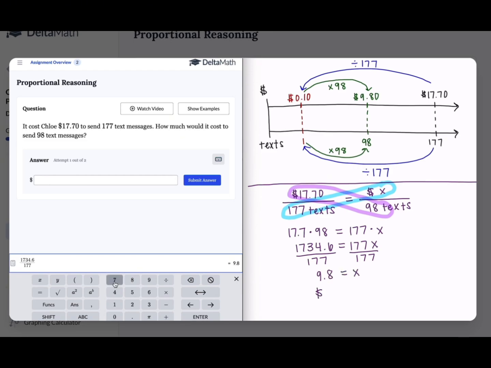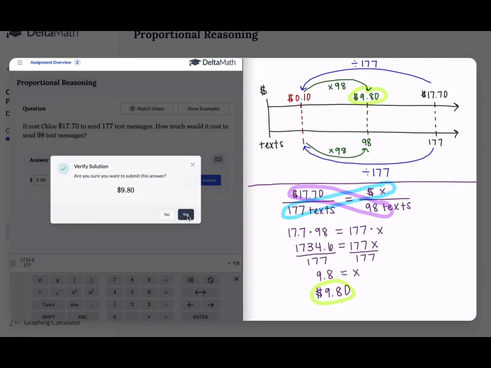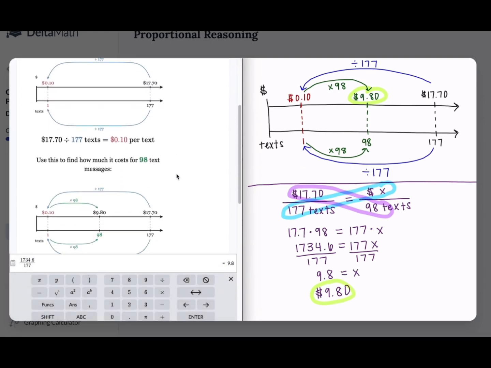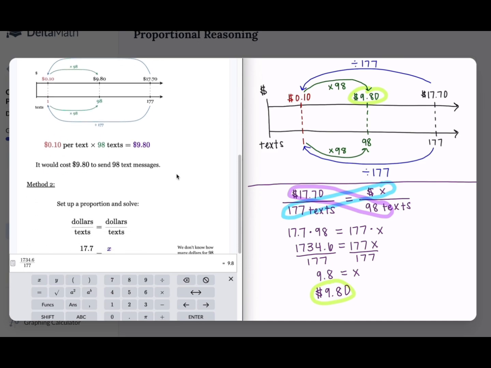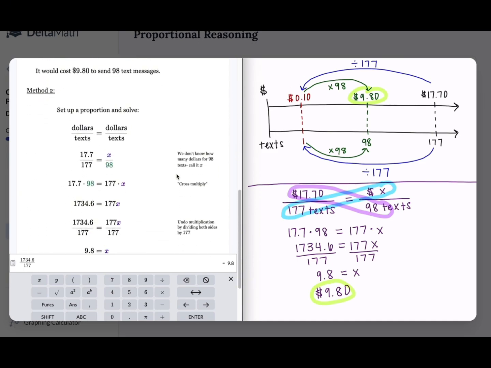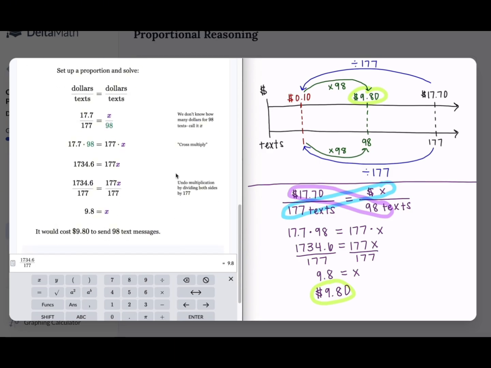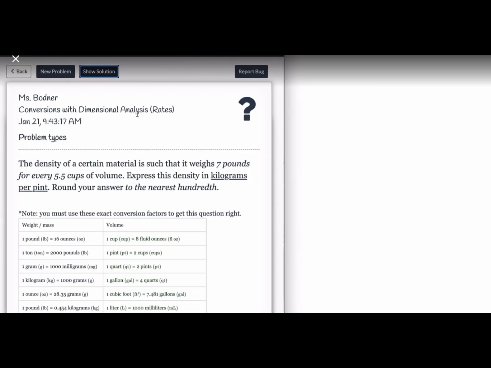So again, we find that our answer is $9.80. We will submit $9.80 as our answer. And we can see that we correctly found the cost to send 98 text messages is $9.80 using either method.